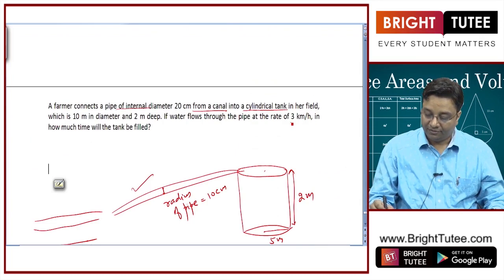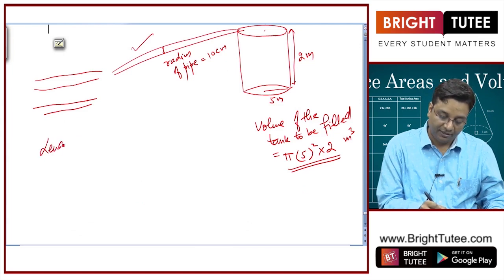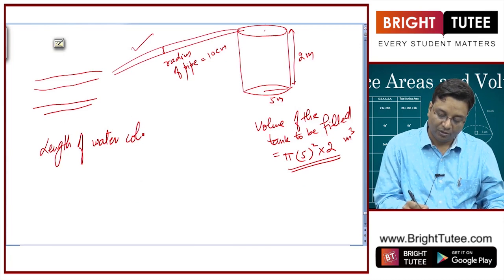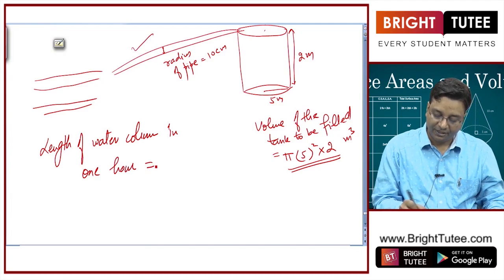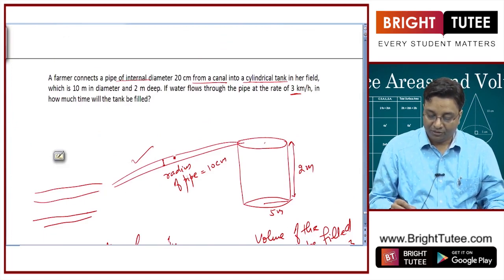In 1 hour, the rate of flow is 3 km per hour. So length of water column in 1 hour is equal to 3 km. Okay, and you notice that this radius is 10 centimeter.